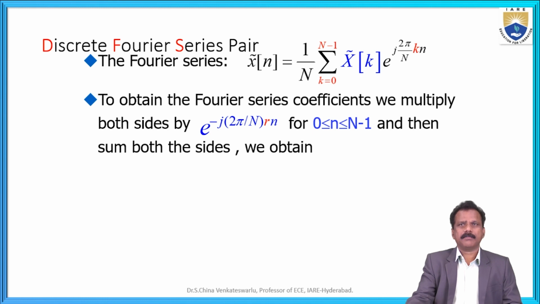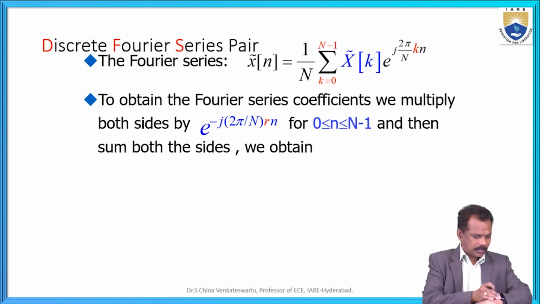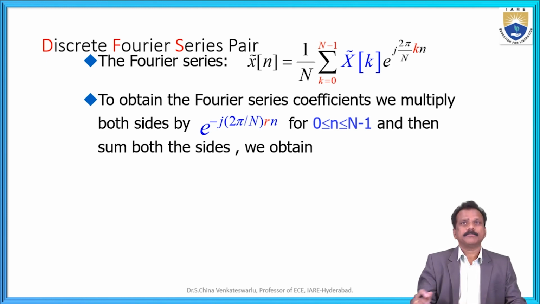Now come to the discrete Fourier series pair. We know the Fourier series is x of n equal to 1 by N, the summation k equal to 0 to N minus 1 of X of k e power j 2 pi by capital N into kn.